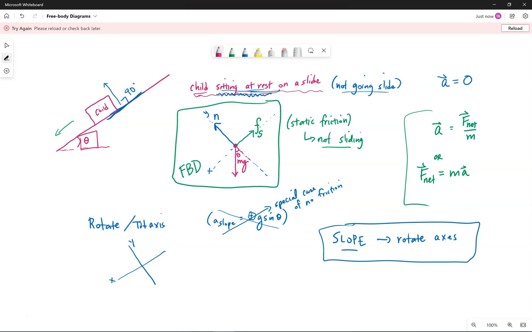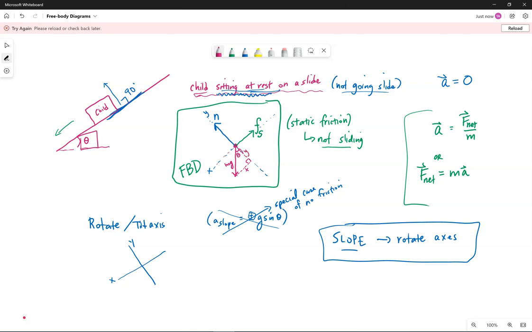Meaning we can write this as x and y components. Let me move my mg to this side. So mg represents the actual vector. This vector will have x and y components. An x component here, because that's what's parallel to the x-axis.